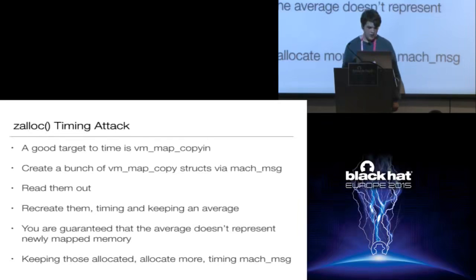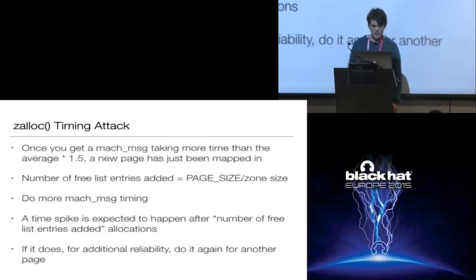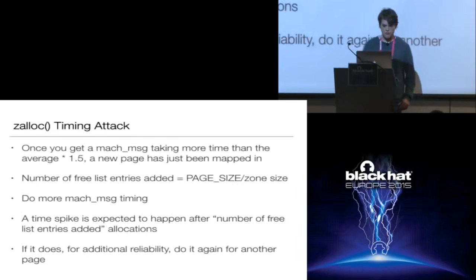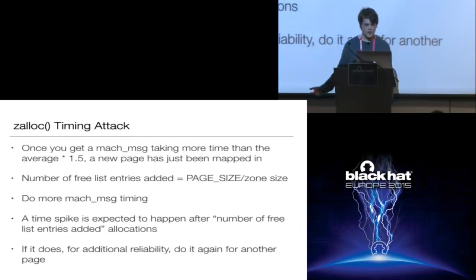And so you just keep those allocated and keep timing Mach messages. And once in a while, you will have a Mach message which will take much more than normal to create the vm_map_copy structure. When this happens, it's very likely that a new page has just been mapped in.